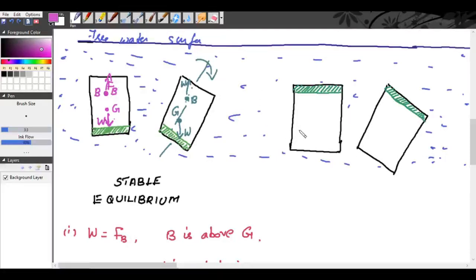Okay, now we will move on to our second condition, that is unstable equilibrium. Okay, so this is the condition for unstable equilibrium.